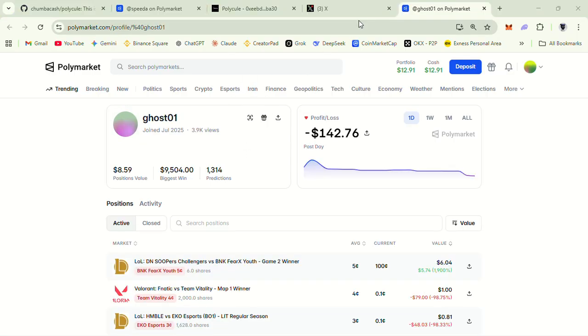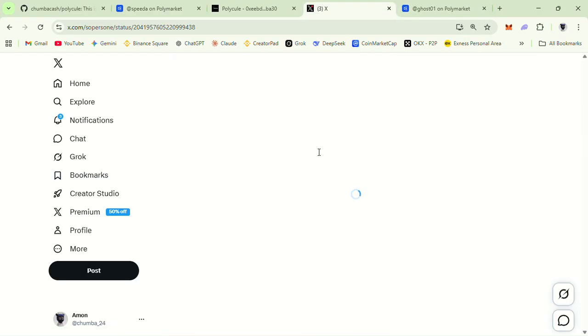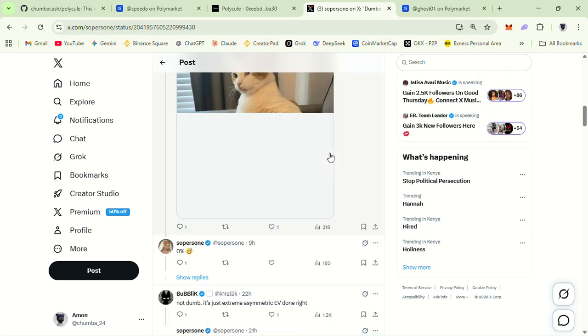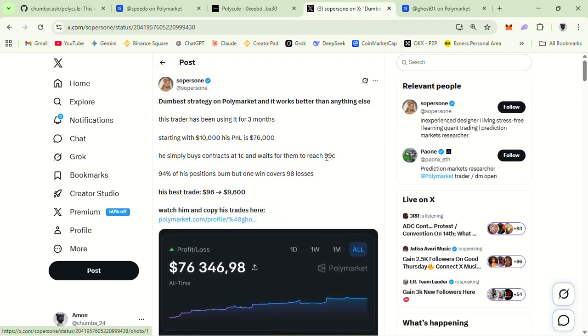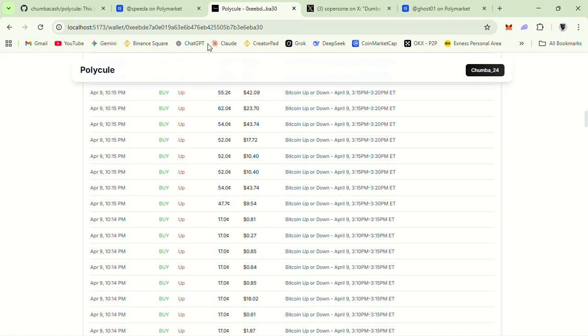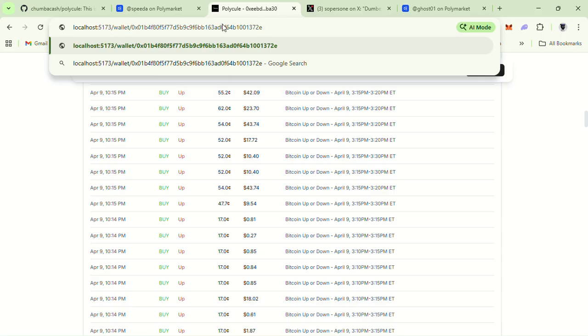How I find most of the wallets is quite interesting. I just follow people on X, then try and look at this wallet. But the analysis you need to do for yourself. So you just copy that, then we'll switch the wallet for analysis.